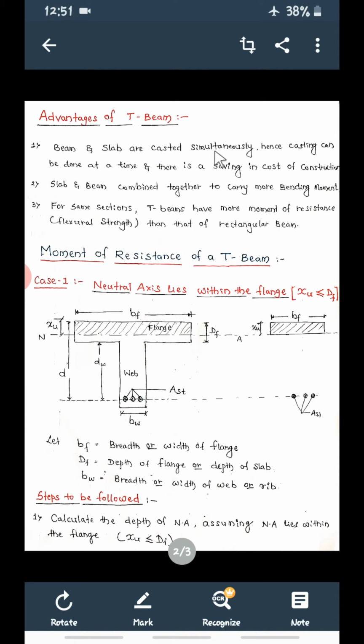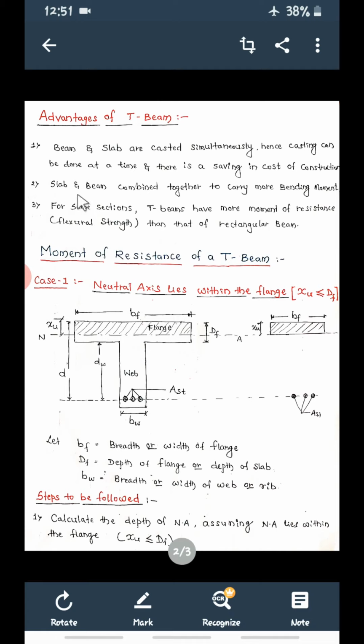One advantage is we can save the cost of construction. Second, since slab and beam are combined together, they will take more bending moment. Third, the flexural strength, or moment of resistance, of T beam will be more than the rectangular beams. So that's why we are preferring T beams and L beams.